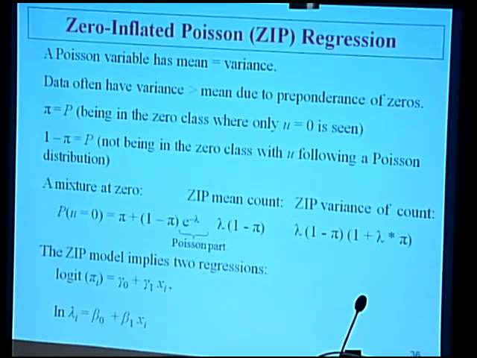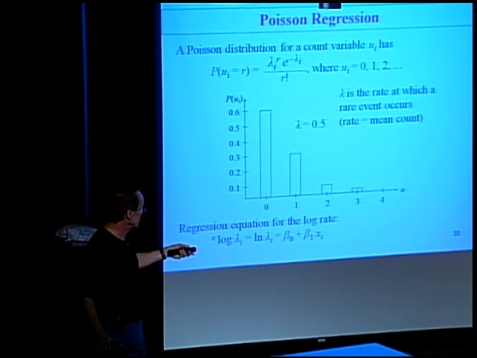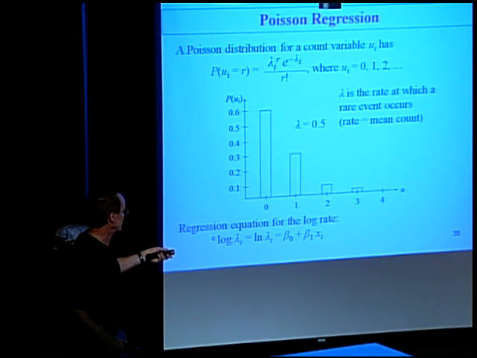But anyway, mixture at 0, so the probability of observing 0 is pi for the non-drinkers, 1 minus pi for the drinkers, and the drinkers follow a Poisson part, e to the minus lambda. For u equals 0, if you plug in r equals 0 in this case, then you're going to see that it simplifies to e to the power of minus lambda.